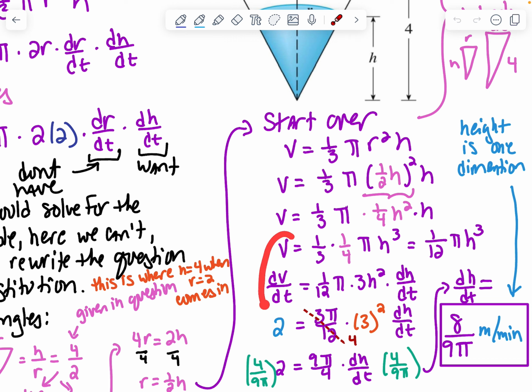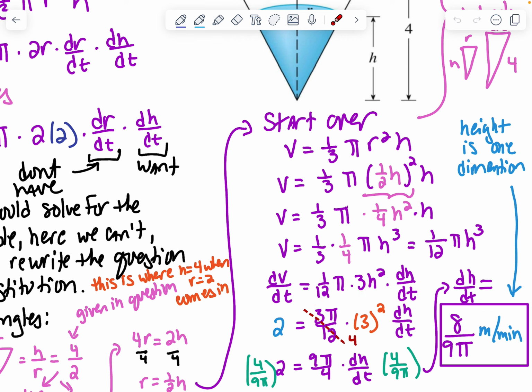So now if I take the derivative of the volume, which is 1, but put a dV/dt with that, leave 1/12 pi as a coefficient, and then take the derivative of h cubed, which is 3h squared, but put a dh/dt with it because I took the derivative of the h variable with respect to time, I now have an equation I can work with.